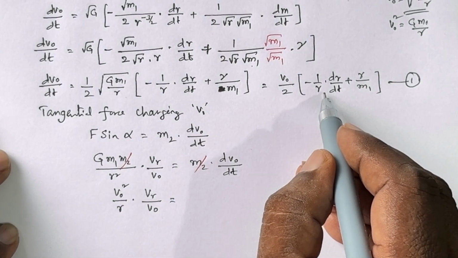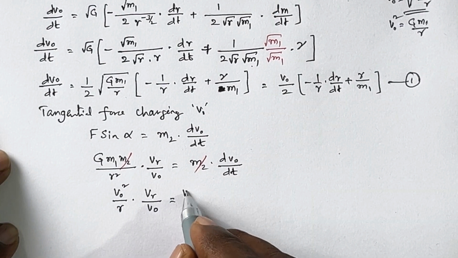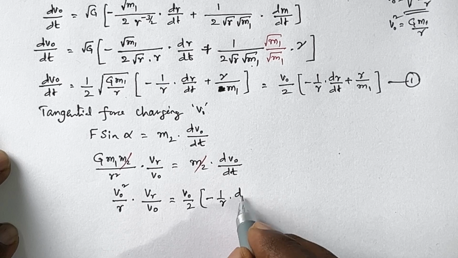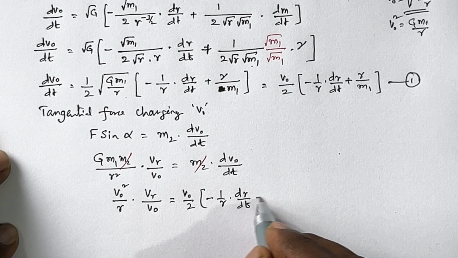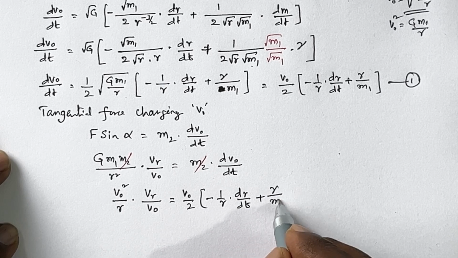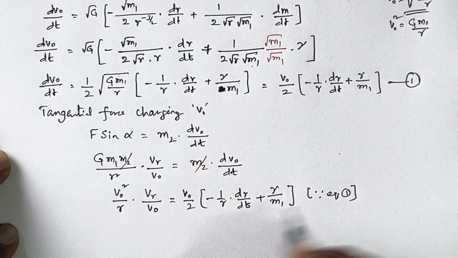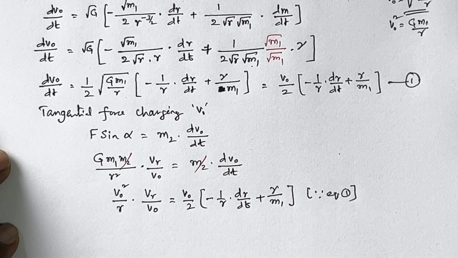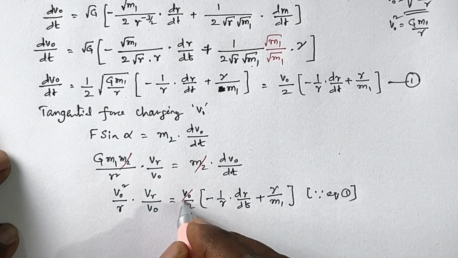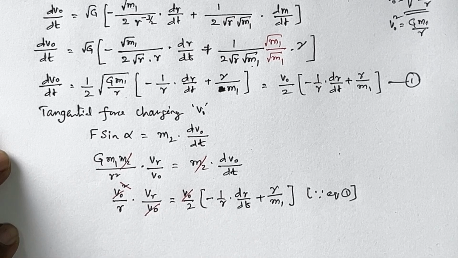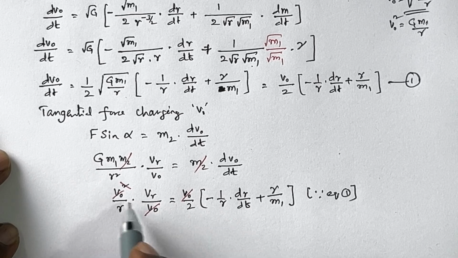What is the dv naught by dt value? I will write here, v naught by 2 into minus 1 by r dr by dt plus gamma by m1, since equation 1. Right? So what things cancel here? V naught cancels. So this 2 comes here.